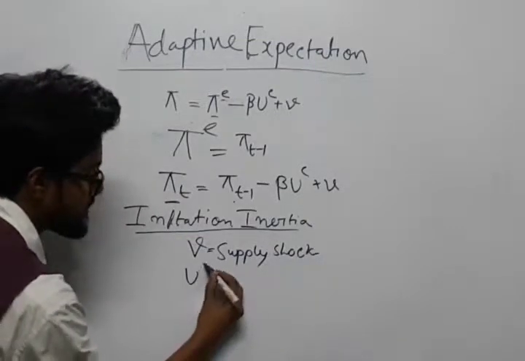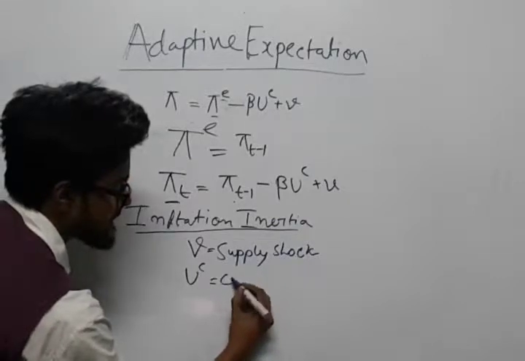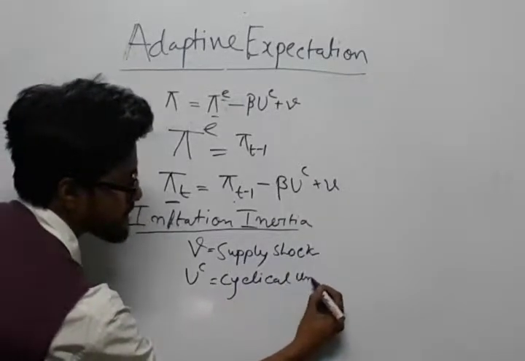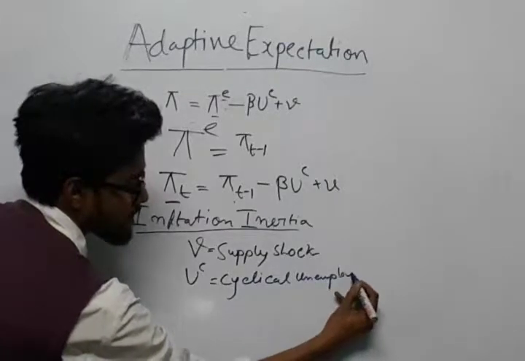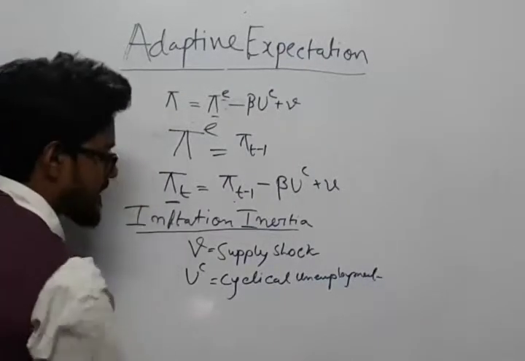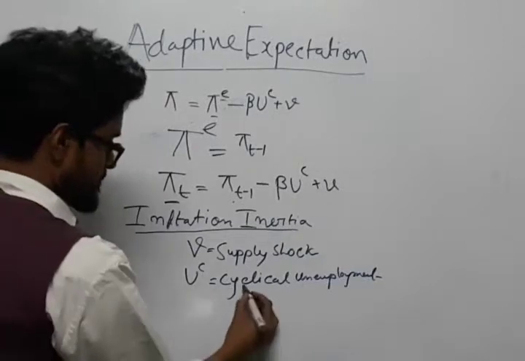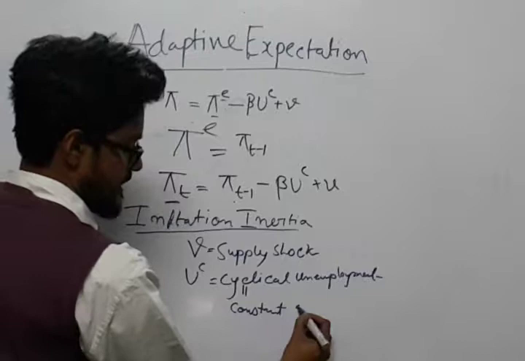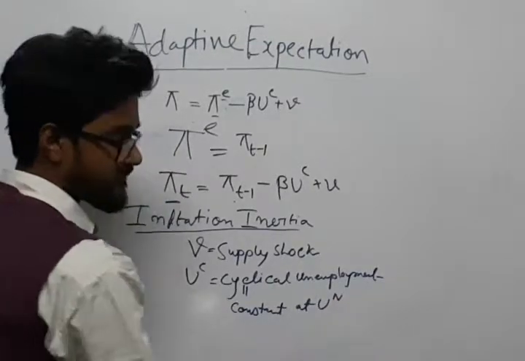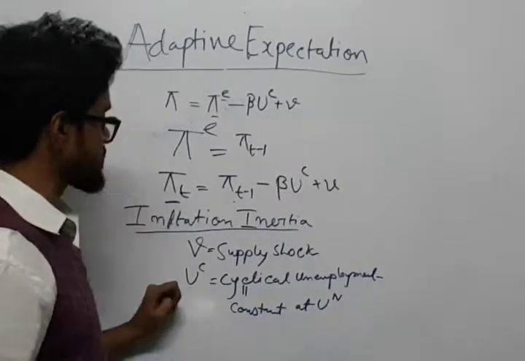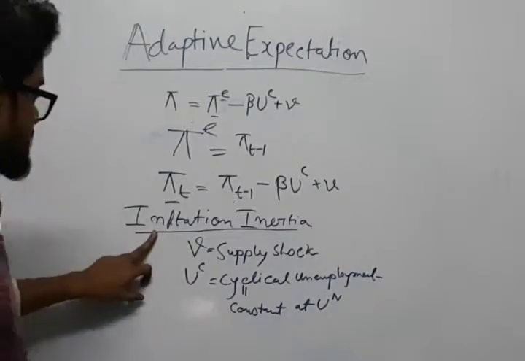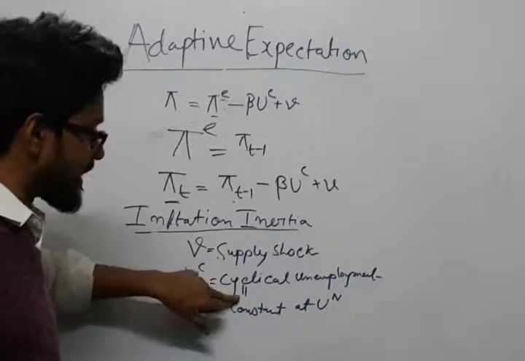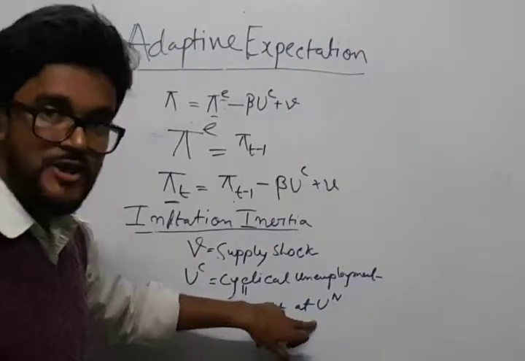Before getting into inflation inertia, first we'll make two assumptions, that is the v, which is supply shock, and u c, which is cyclical unemployment, remains constant, that is at natural level of unemployment. So the first two assumptions of inflation inertia is supply shock and cyclical unemployment is constant at u n.